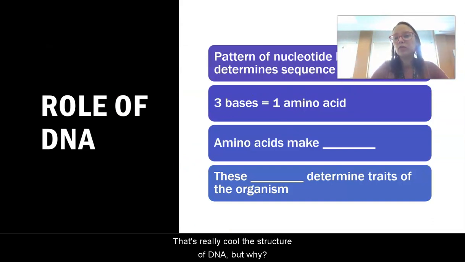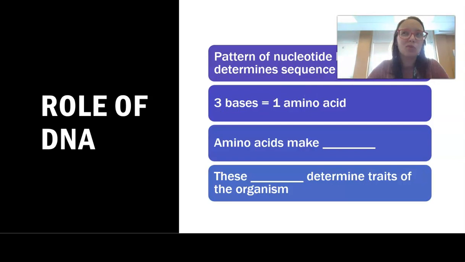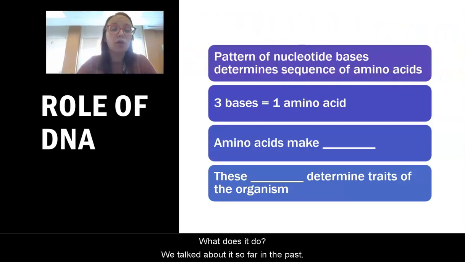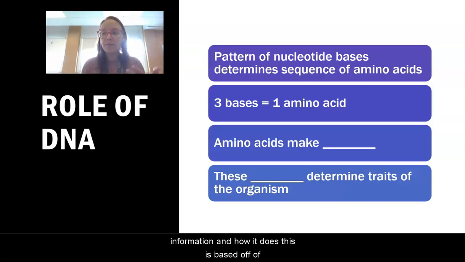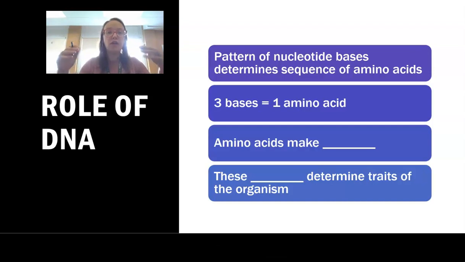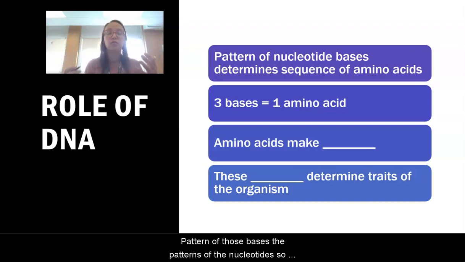So that's really cool and all, the structure of DNA, but why? What does it do? Well, we've talked about it so far in the past that DNA is responsible for storing and transmitting genetic information. And how it does this is based off of the pattern of those bases, the patterns of the nucleotides.